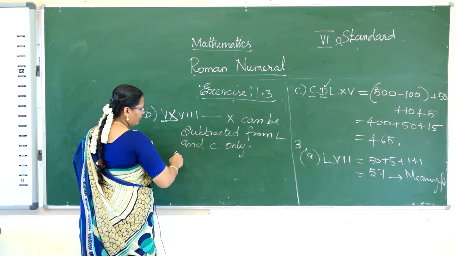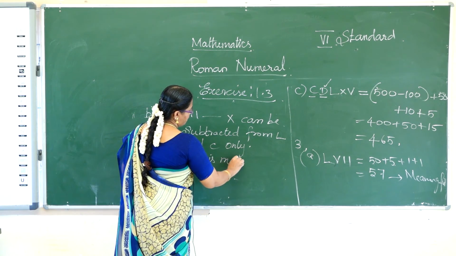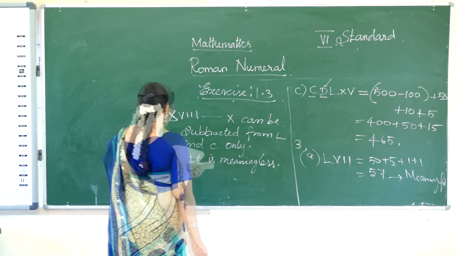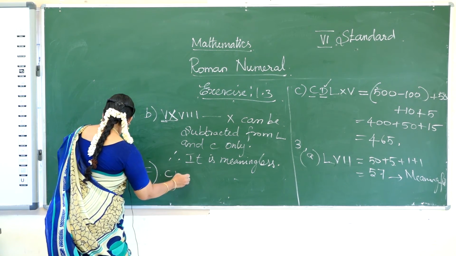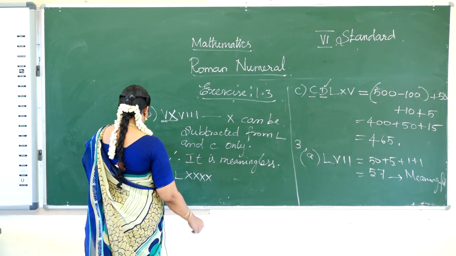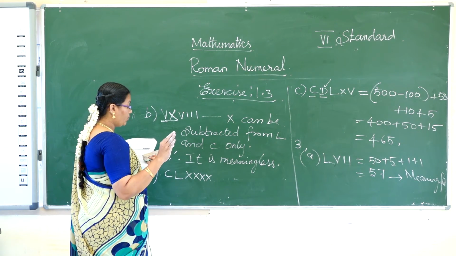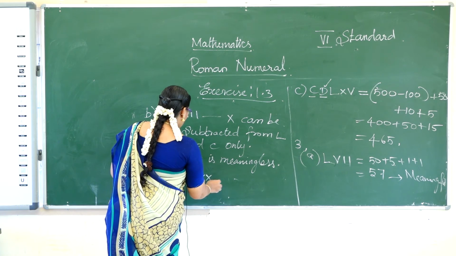Therefore, it is meaningless. Next, C L X X X X is given. How many times is X there? 4 times. The maximum number of times a Roman letter is allowed is 3 times only. So it is wrong. So here write the reason.